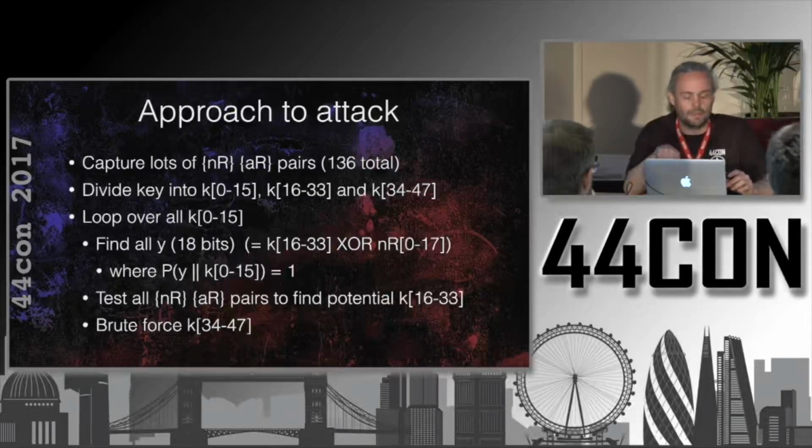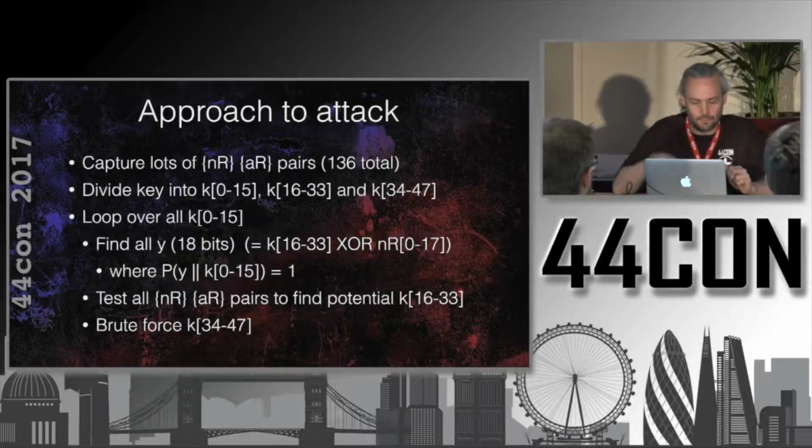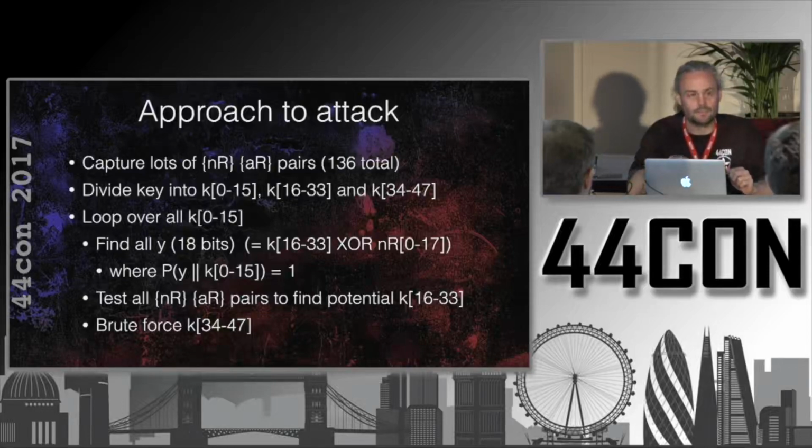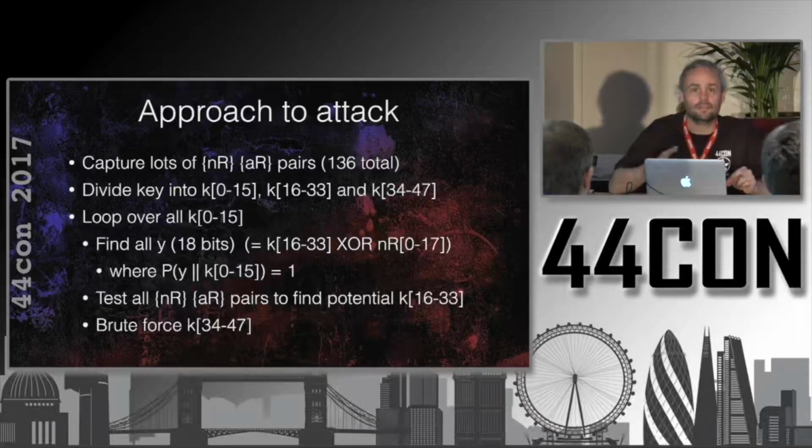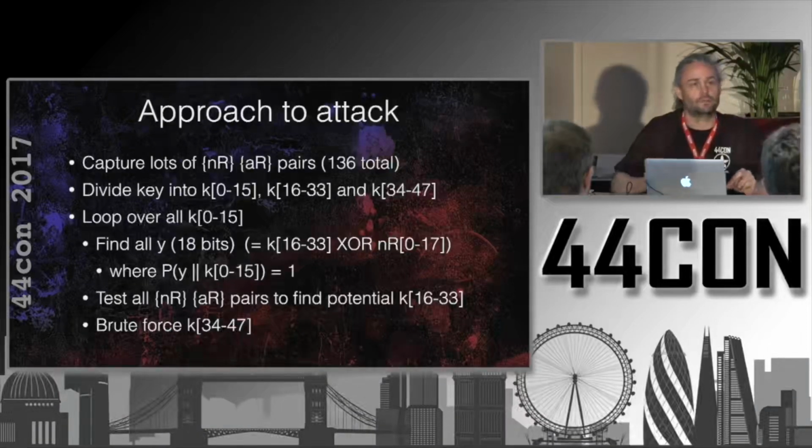Because that will mean we can attack the first bit of the encrypted challenge response value. By testing our values of y against all the encrypted nonce and challenge response values, we'll find potentials for the middle bits of the key. And it'll be a small set, and then of the ones that are in that small set, we'll brute the last 14 bits.